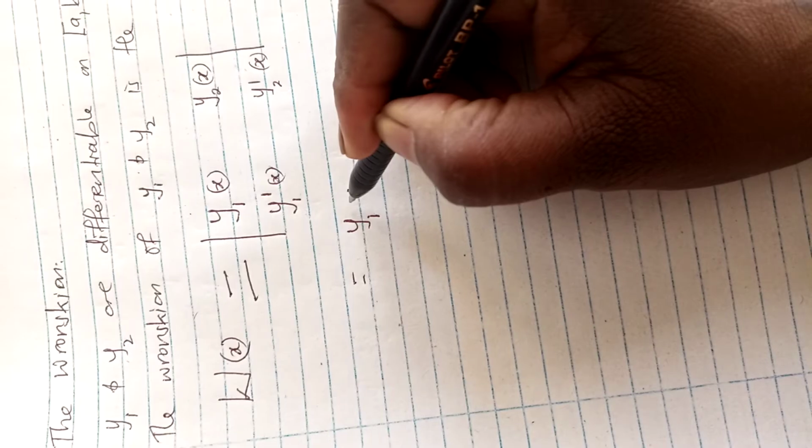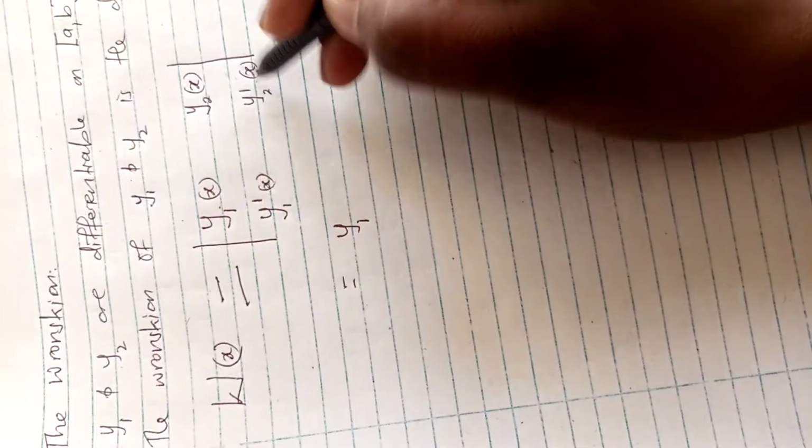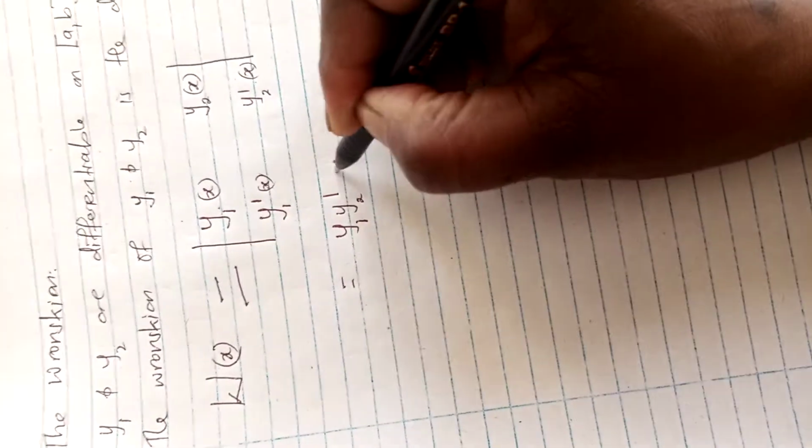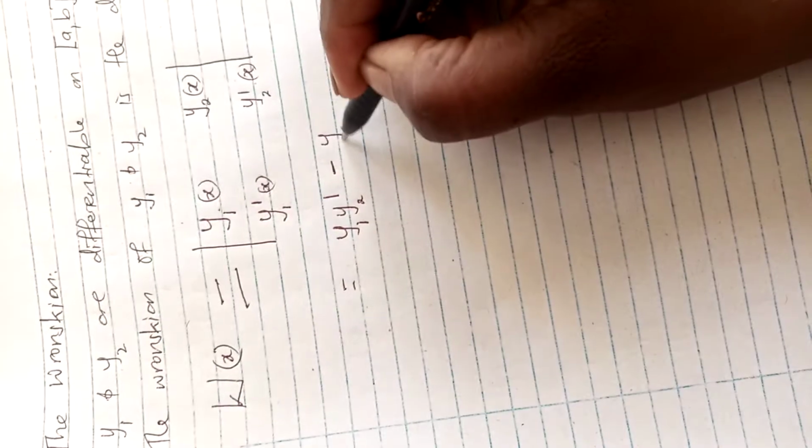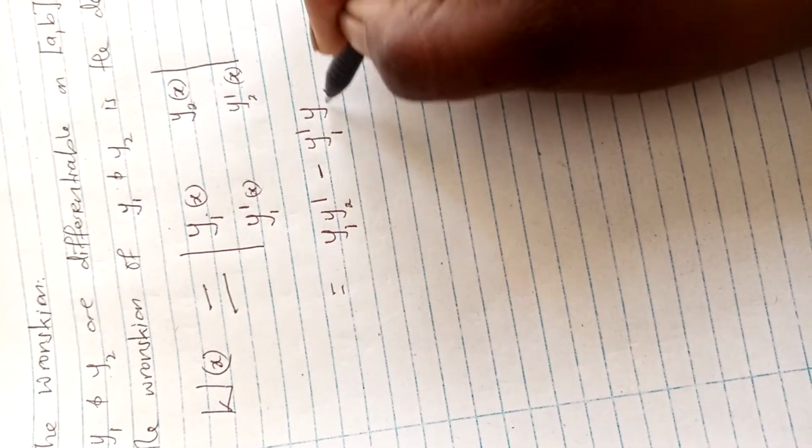That determinant is equal to y1 times y2 prime minus y1 prime times y2.